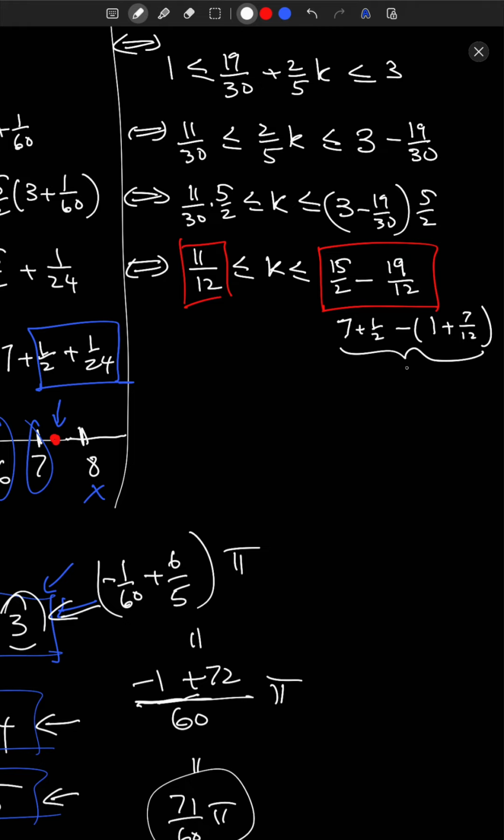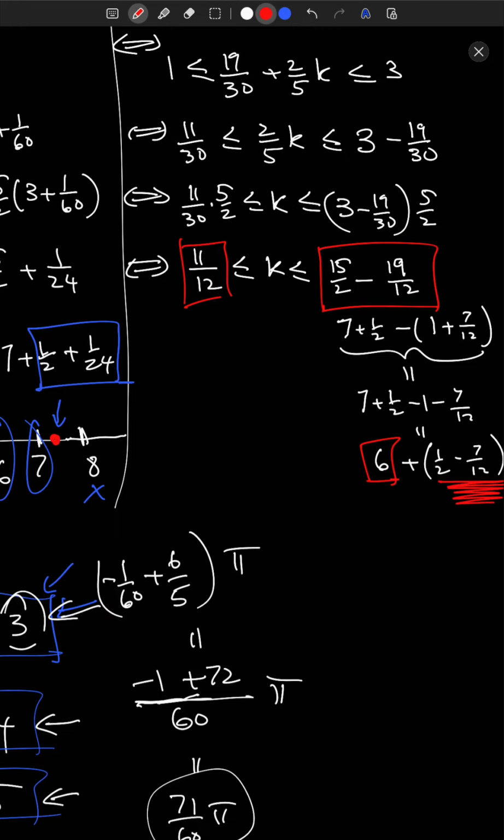So this guy here is actually 7 plus 1/2 minus 1 minus 7 over 12. That's 6 plus 1/2 minus 7 over 12. All right? Okay, the important thing here is the whole number 6, and then this 1/2 minus 7 over 12 is a negative number.